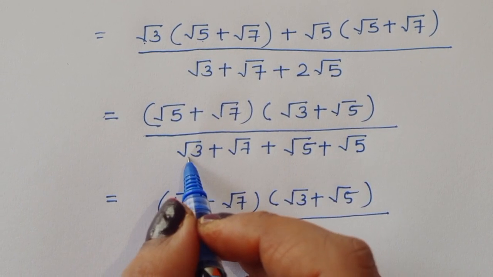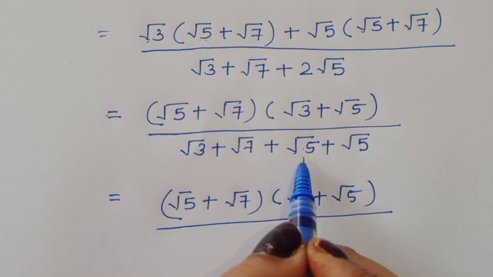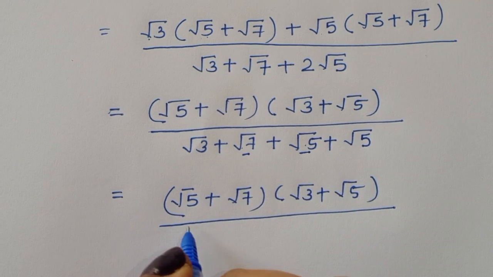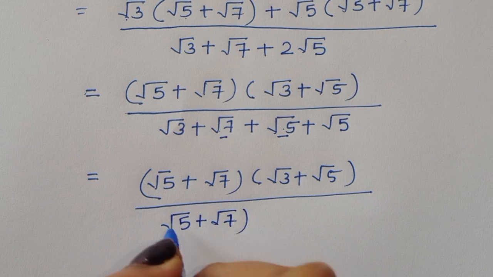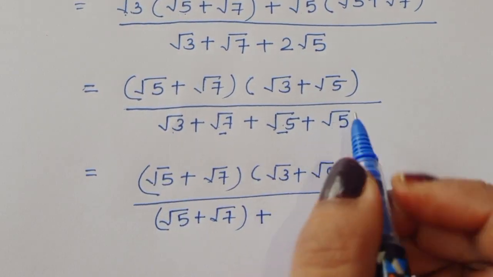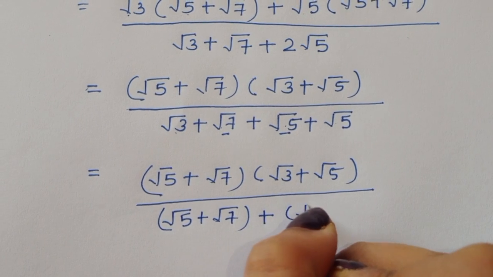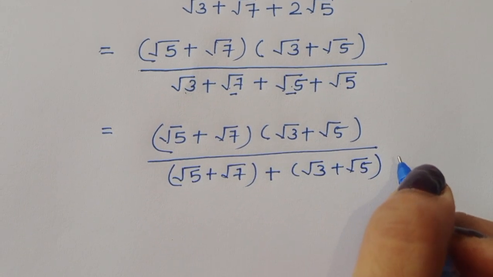Square root of 5 plus square root of 7, we are taking as the first term, plus the left term, square root of 3 plus square root of 5, right?